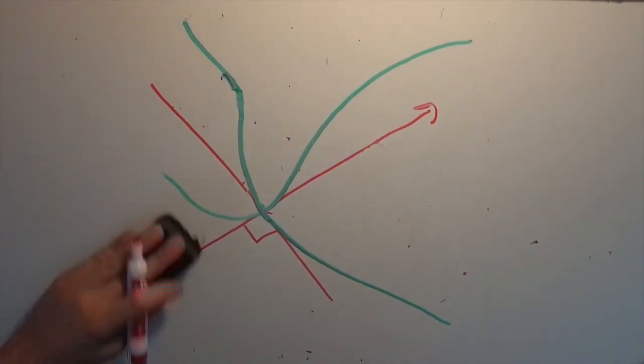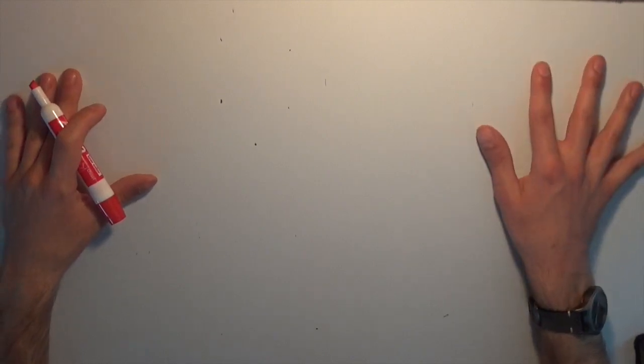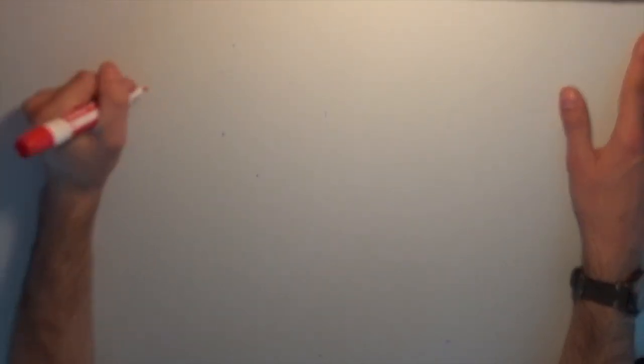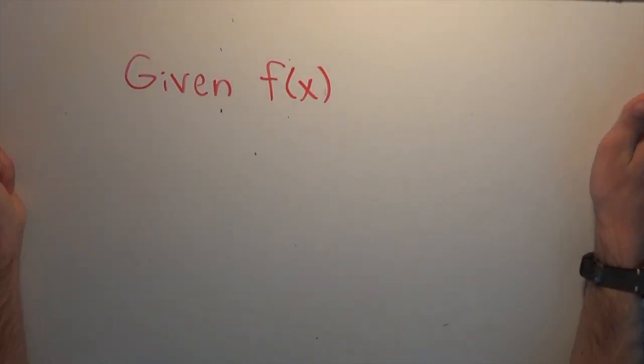So let's investigate that a little bit. What I'm asking is, instead of just finding lines that are perpendicular, what if the slope over the whole function is perpendicular to another one? Essentially, we're going to be given f of x, some function that is differentiable.